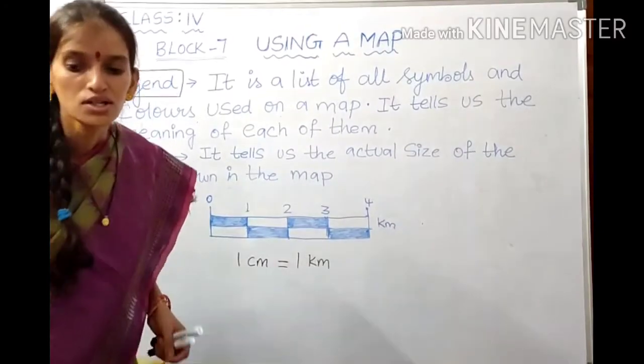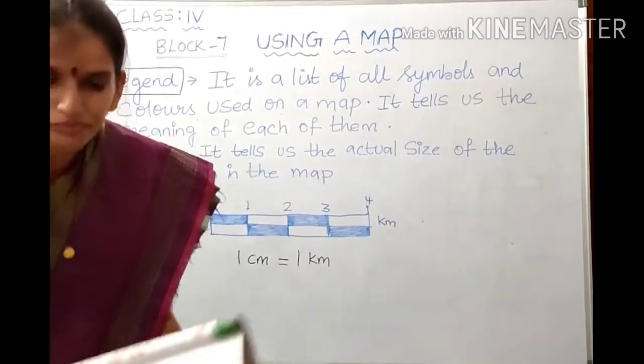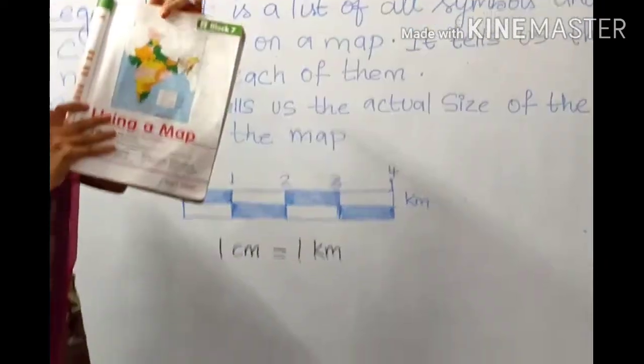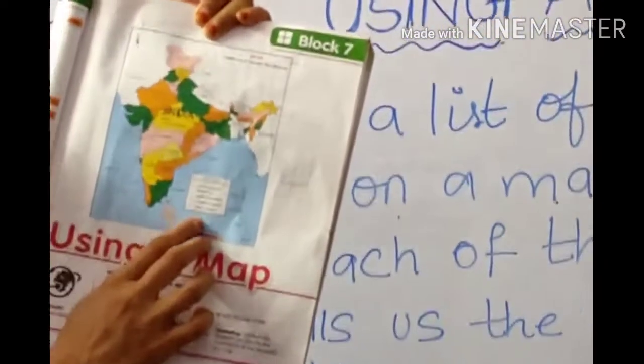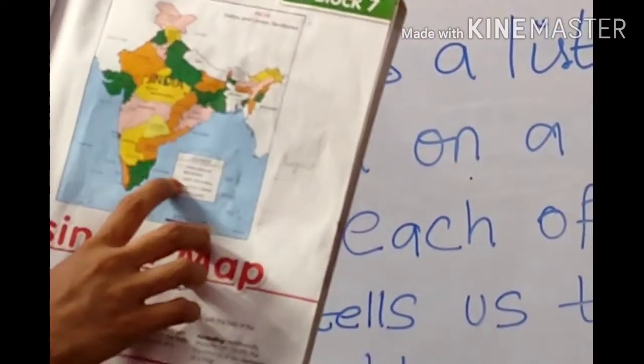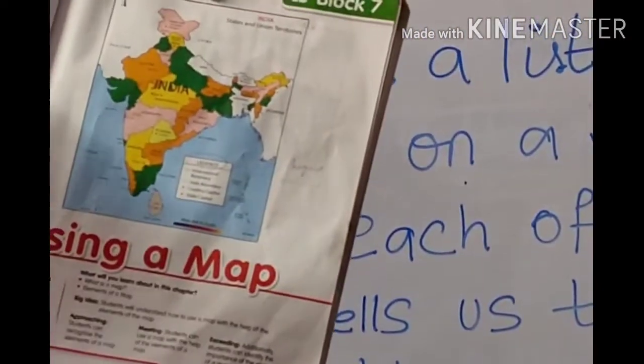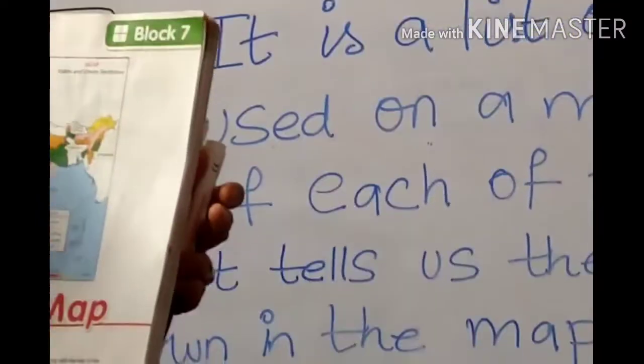For example, see in your textbook, children, here they have given the legend. What it is indicating? Here the state capital. And what is the symbol given? Here small dot. And for state boundaries, they have drawn one line. See, I'll show you in the board.